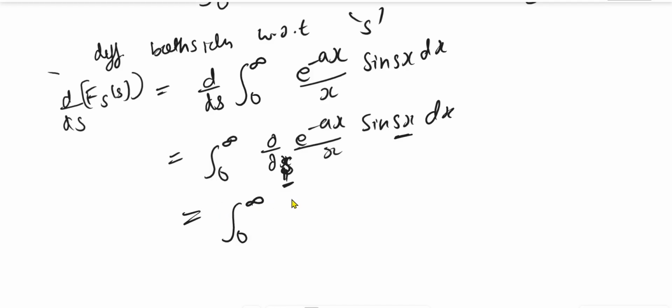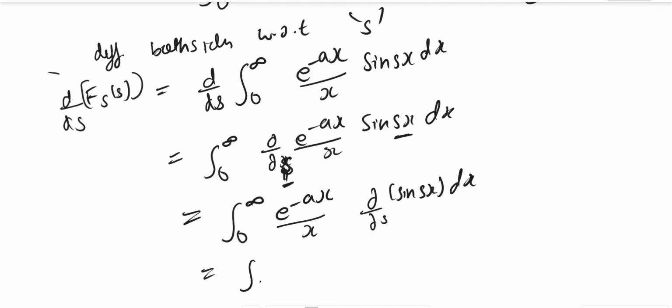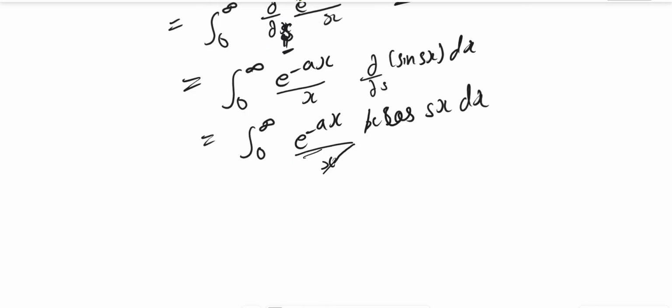Then it is the integration from 0 to infinity of e raised to the power minus ax divided by x, and take the derivative of sin sx dx. Now, the derivative of sine is cos. So, it is the integration from 0 to infinity of e raised to the power minus ax divided by x, and the derivative is x cos sx with dx, in which x cancels x. Then it is the integration from 0 to infinity of e raised to the power minus ax cos sx dx.